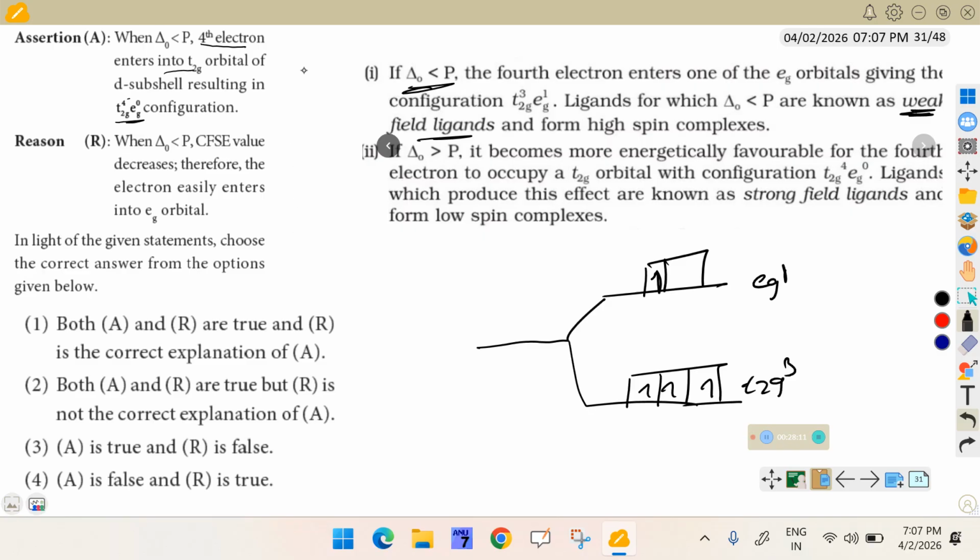So statement 1 is wrong. Delta naught less than P, the crystal field splitting energy value decreases. Therefore, the electron easily enters the eg orbital. Yes, crystal field splitting energy decreases. That's the reason electrons enter the eg orbital. Assertion false, reason true.